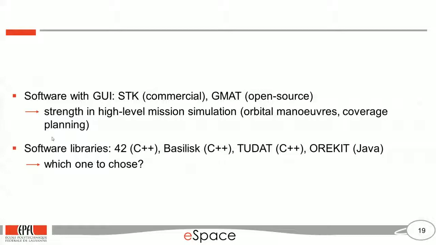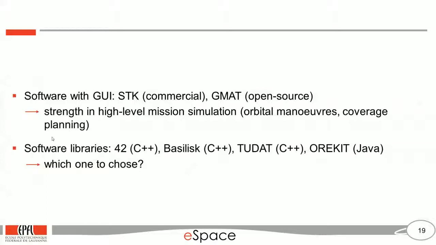So we went around and looked. Two possibilities. First would have been to use either STK or GMAT, but those come earlier in the design phase of a mission. They're very high level and didn't allow us to connect, at least by the time we did the evaluation, with our own hardware.